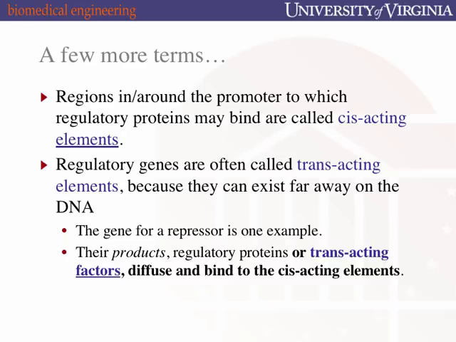This local vicinity, the immediate proximal nature of these DNA elements, are called cis-acting elements. So the operator, the CRP site, these are cis DNA elements. They're DNA, which we're referring to, and they're cis because they're right on the strand where the transcription occurs.